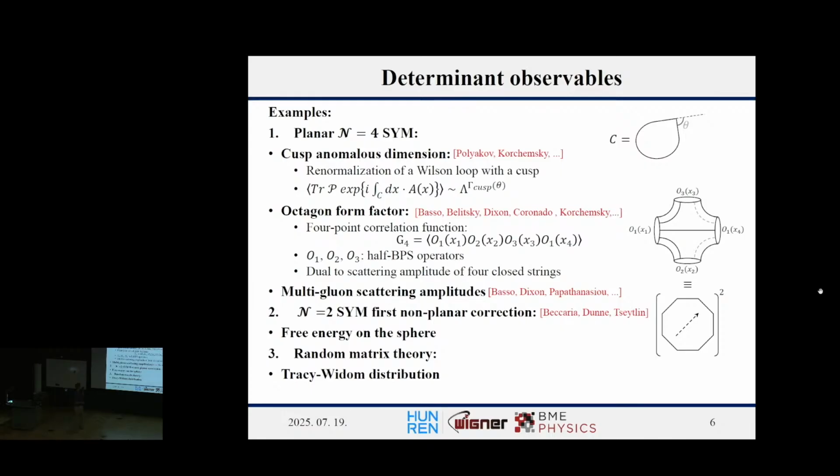But you also have scattering amplitudes. Also, there are some different models, for example, N equals 2 super Yang-Mills theory, where you find similar quantities. Also, there is random matrix theory, where you find a similar quantity, the Tracy-Widom distribution, which gives you some eigenvalue distribution of random matrices. But each of these quantities has something in common.